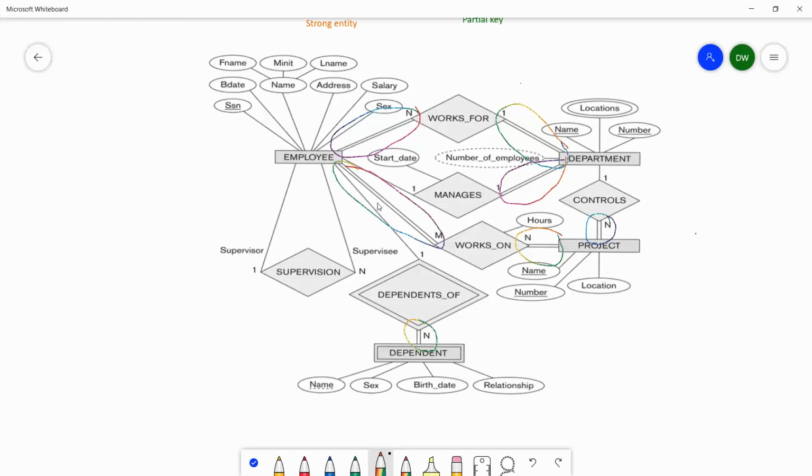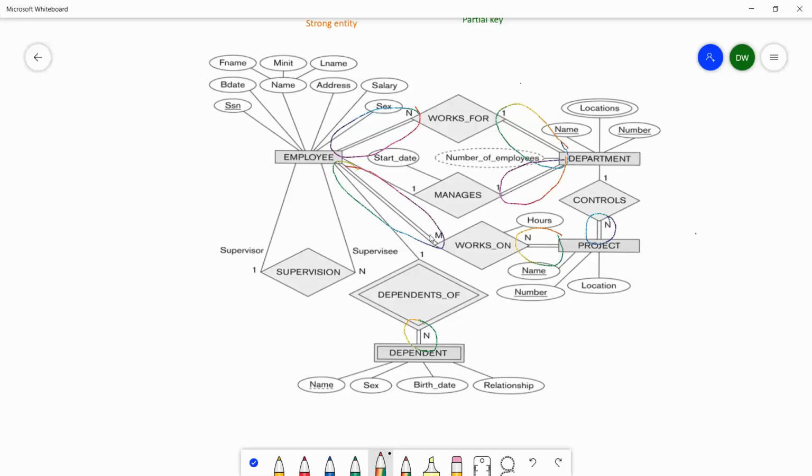So what we mean by these participations is, total participation means at least one should be there. For an example, if we talk about employee works on project, that means for every project at least one employee should be there, and for every employee at least one project should be there. That's the idea, right?